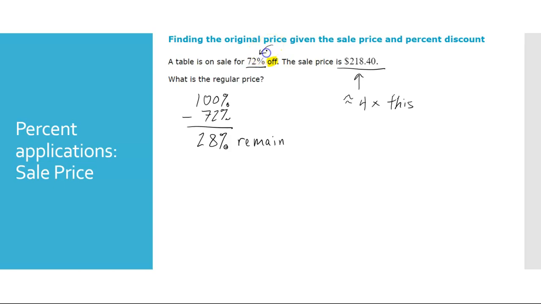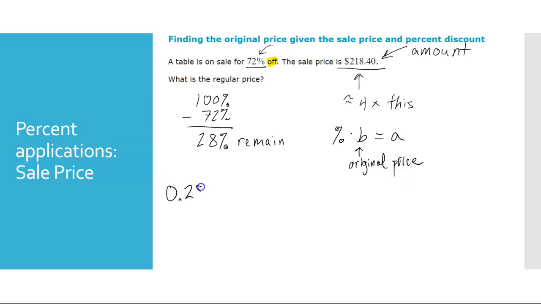Since it was 72% off, we needed to find what was left. From here, we can use our friendly equation of the percent times the base equals the amount. Here, this $218 is indeed the amount. The base is going to be the original price, the non-sale price.